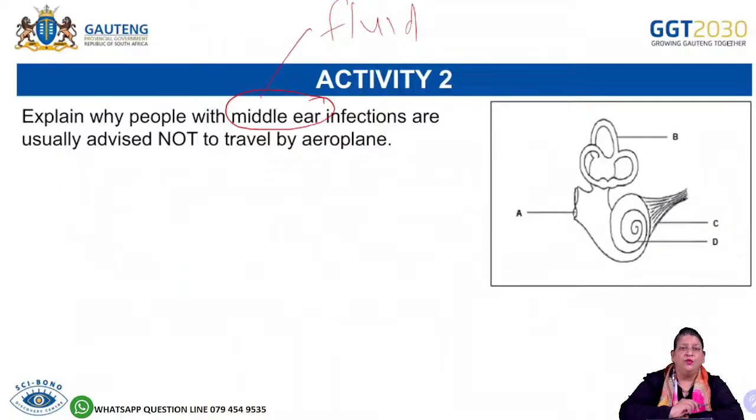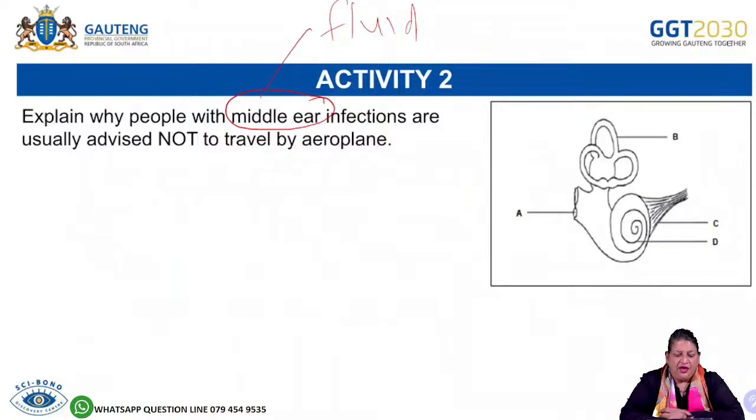Now, when you go on an aeroplane, the pressure is going to be even higher. So you're getting high pressure from the pinna side onto your tympanic membrane, and high pressure from the middle ear onto the tympanic membrane. From both sides, your tympanic membrane is going to be bombarded with high pressure, and it can cause it to burst.